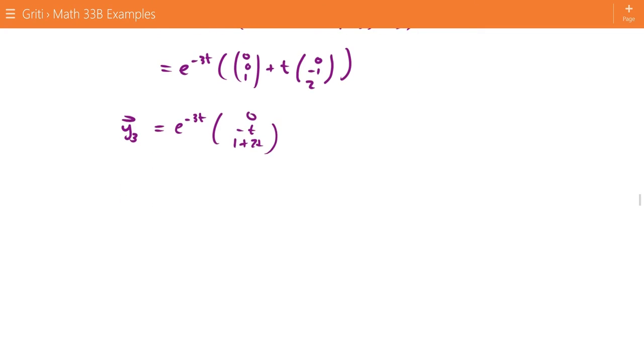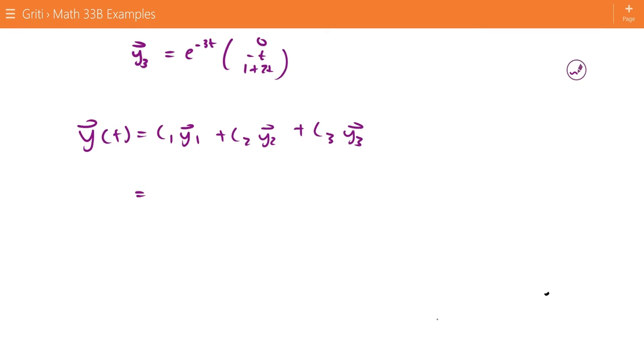So our total solution, y of t, which is c1 times y1 plus c2 y2 plus c3 y3, where c1, c2, and c3 are arbitrary constants.